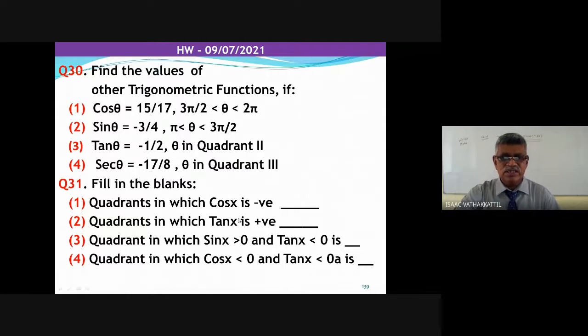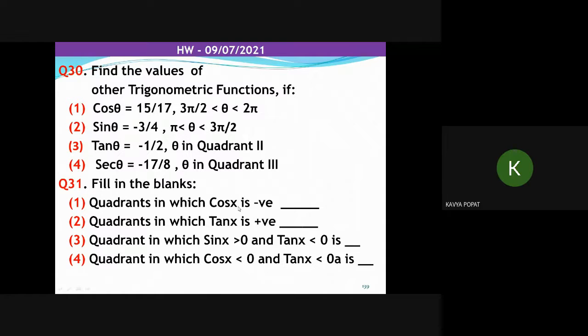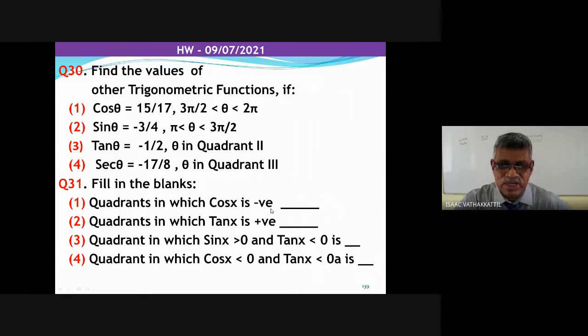Tell me now, the quadrants in which cos theta is negative. Cos theta is negative in quadrants 2 and 3. Quadrants in which tan is positive: 1 and 3, fine. Quadrants in which sin is positive and tan negative: second quadrant.